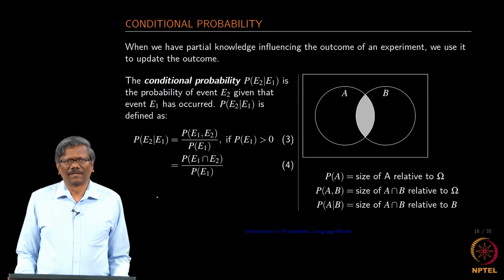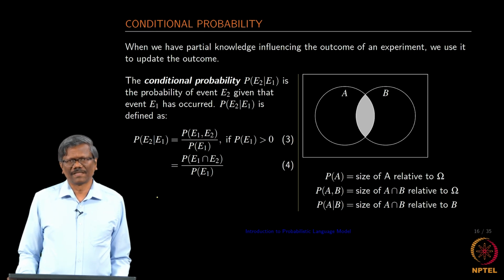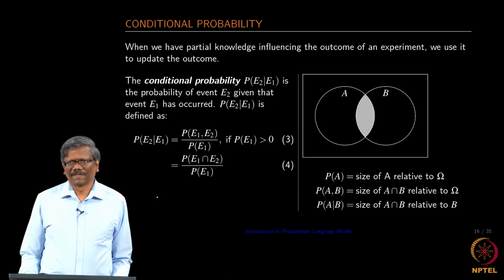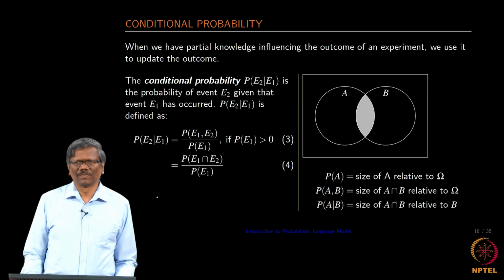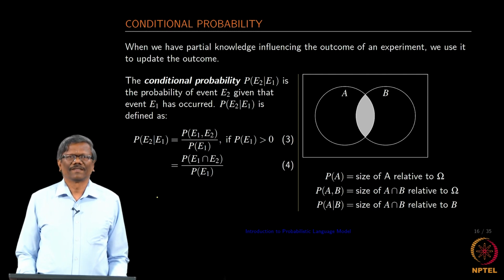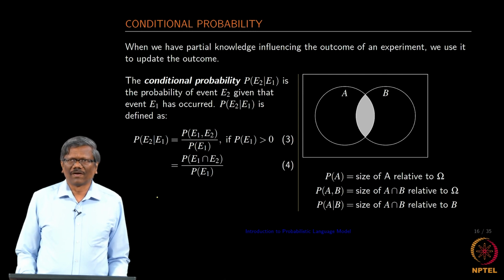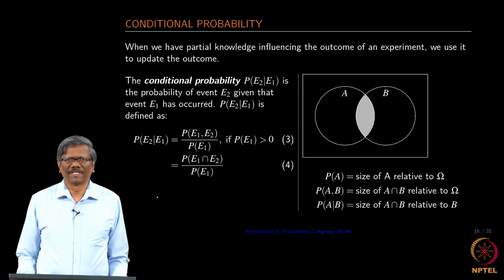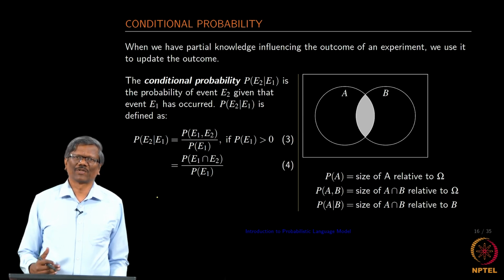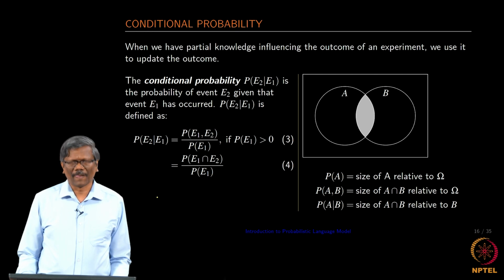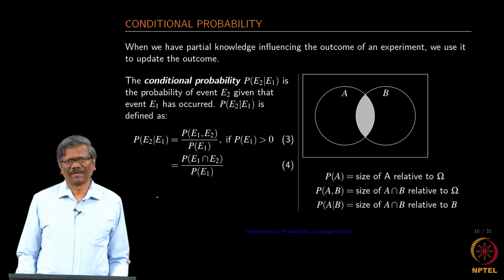Next we will define the conditional probability. In many cases you know certain input with respect to what we are going to be doing as an experiment. So, we have some a priori knowledge or partial knowledge about the outcome of the experiment, and that we want to use in our probability experiments.